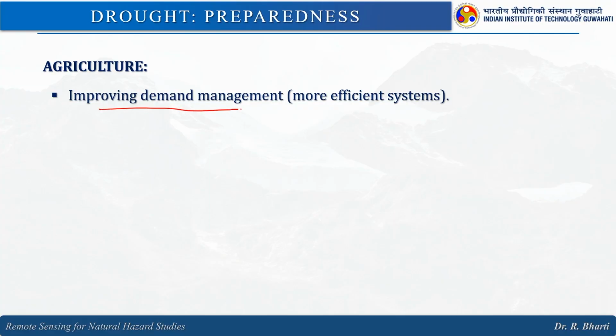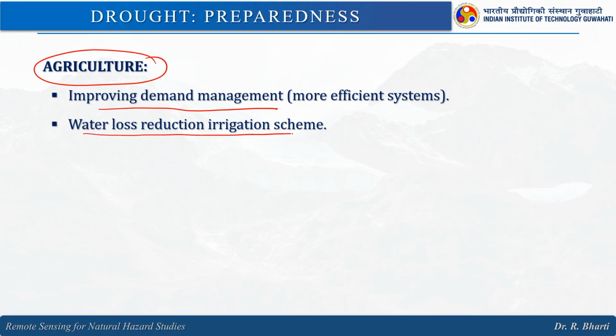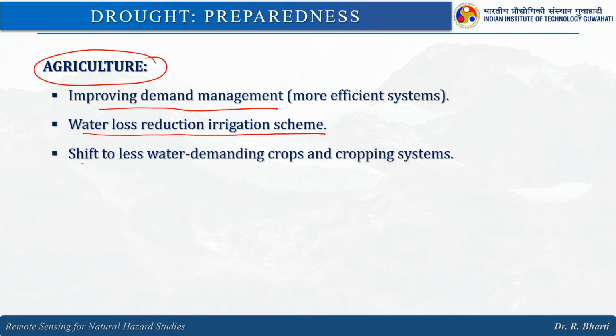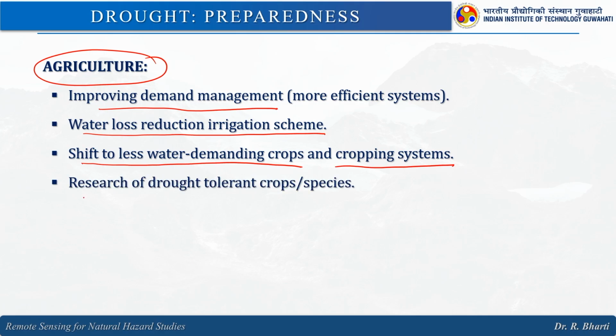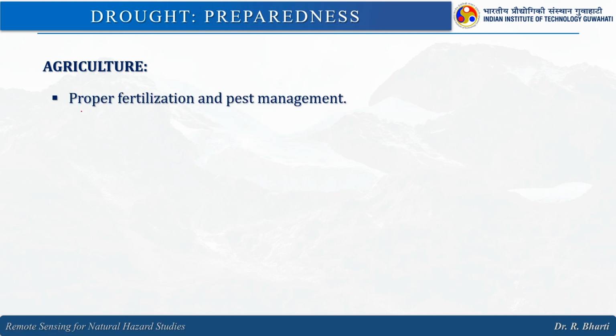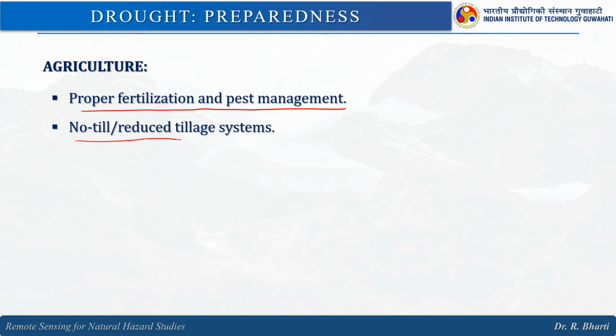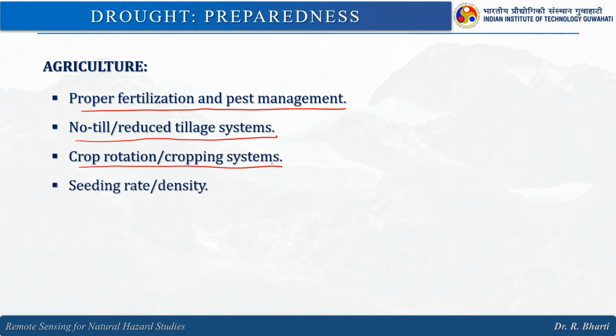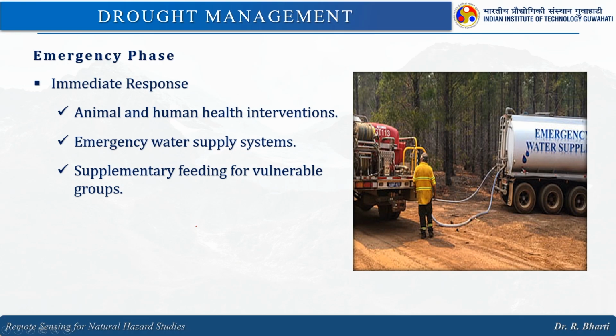Improving demand management for agriculture: water loss reduction in irrigation schemes, shift to less water demanding crops and cropping systems, research of drought tolerant crops and species, proper fertilization and pest management, no till or reduced tillage systems, crop rotation or cropping systems that definitely help, seeding rate or density, soil preparation, etc.